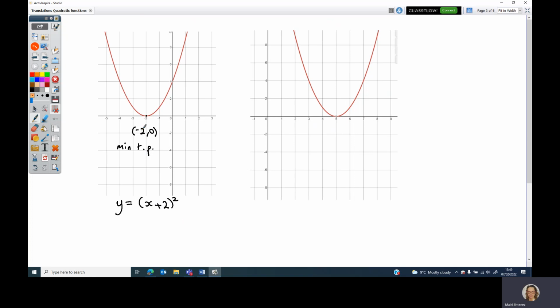So it shows you the relationship between the minimum turning point and the equation of the parabola. So this is the equation of the parabola or quadratic.